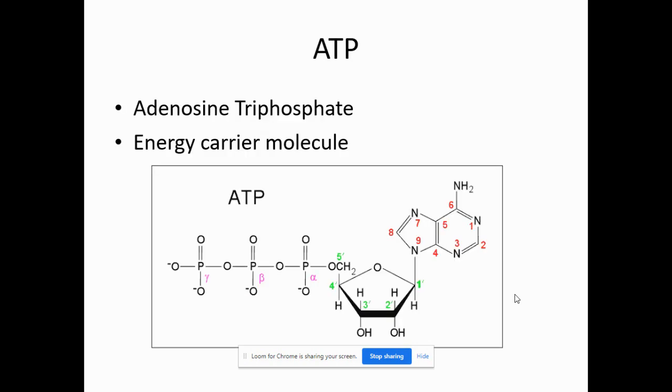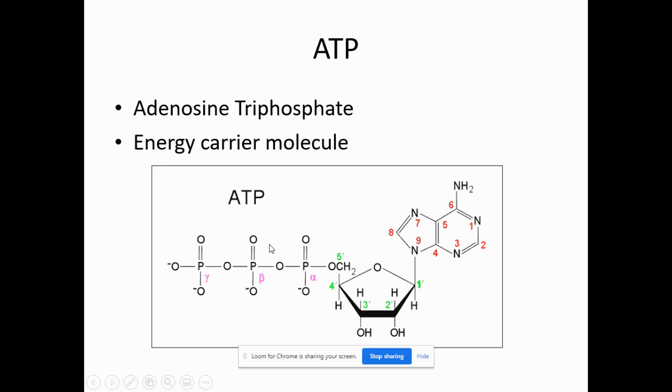ATP is a very, very important nucleic acid. It stands for adenosine triphosphate. So you have an adenine nitrogenous base, your pentose ribose sugar, and then 3 phosphate groups, triphosphate.